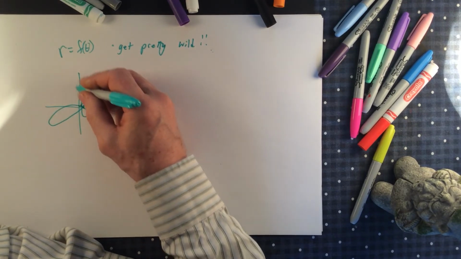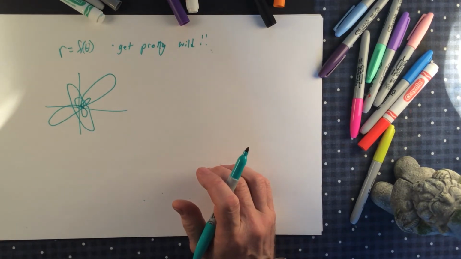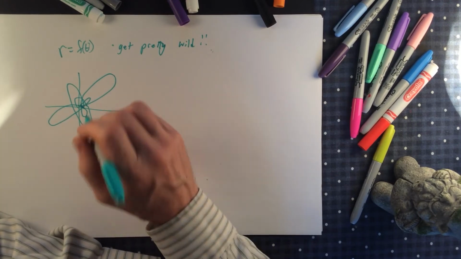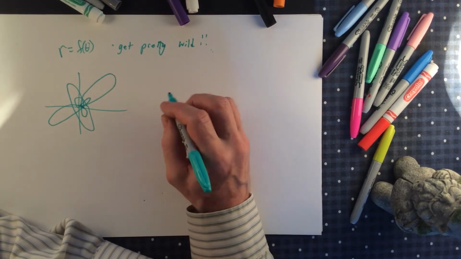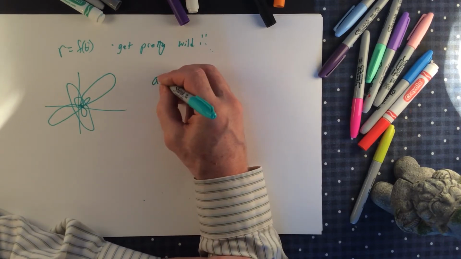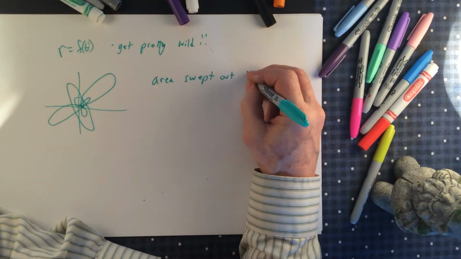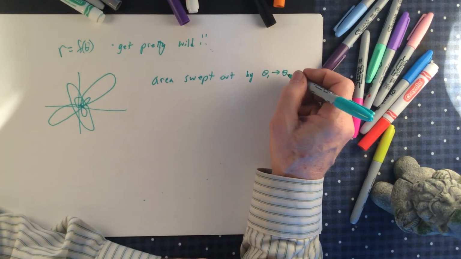Big loop, big loop. I mean, they can be crazy. So if they can get crazy like that, then it becomes rather difficult to understand which specific area we're talking about. And what we say is the area swept out by theta 1 to theta 2.